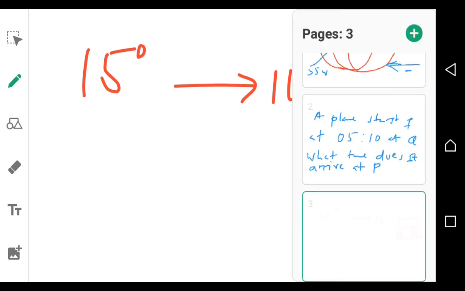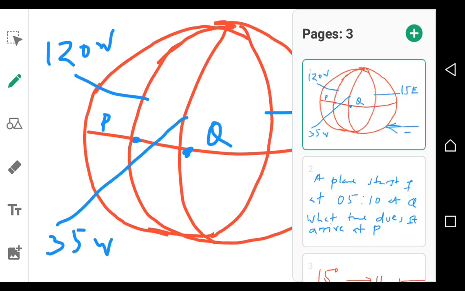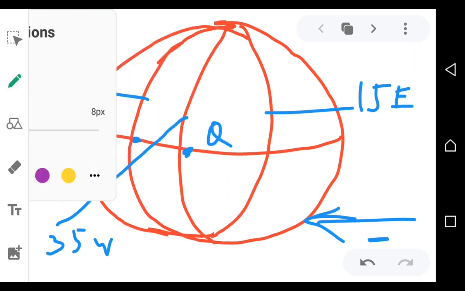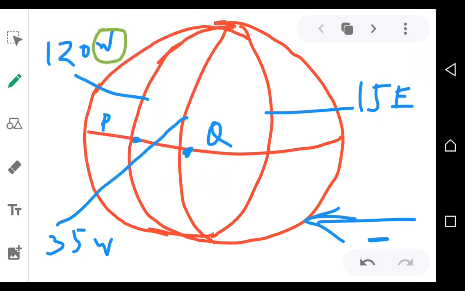So we look at this. What's the longitude at P? It is 120. What about the longitude at Q? It's 35, and all of them are W. These are the same, and for same signs, WW, we subtract.